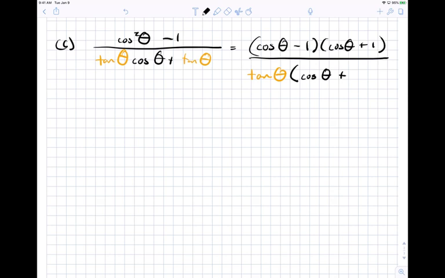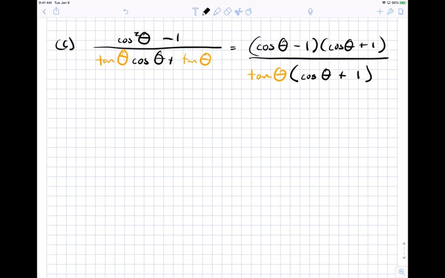If we had put tan there and tried to multiply back, it wouldn't match up, because tan times tan would be tan squared, and we don't have a tan squared. The first term has tan times cosine. The second term is tan times 1.